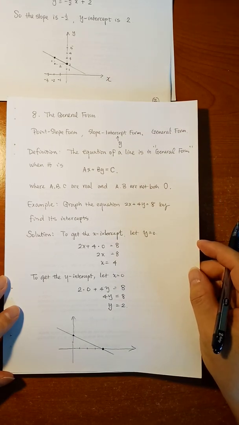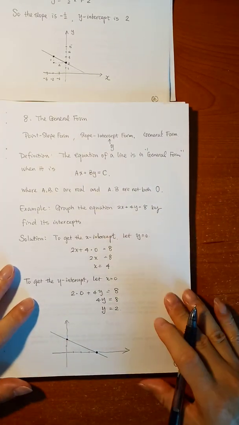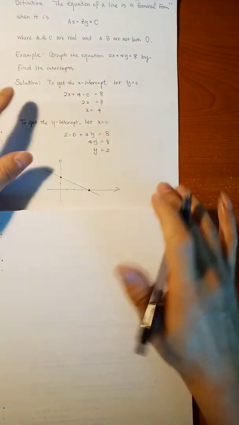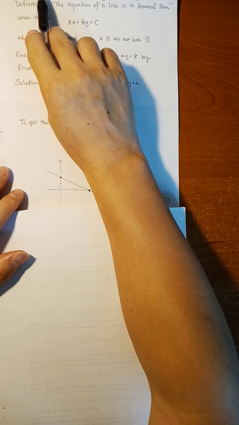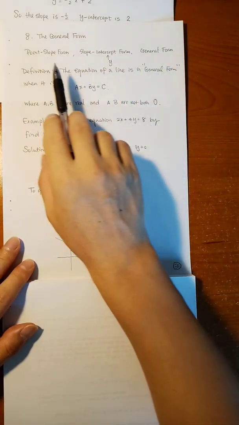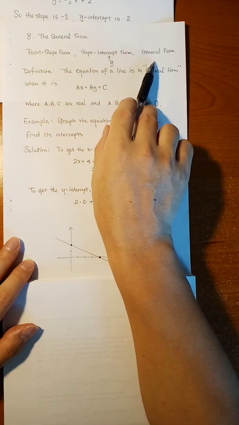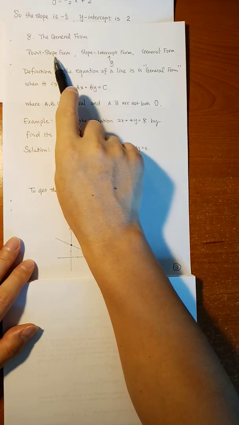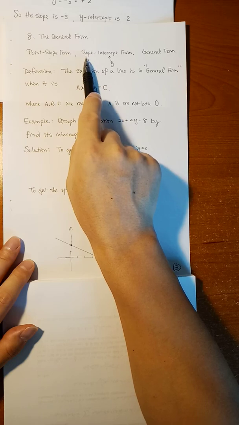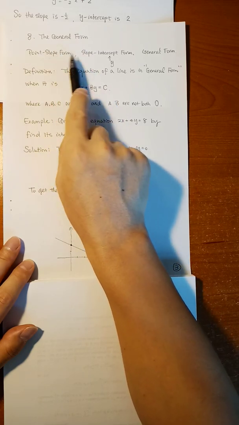Now let's talk about another advantage of general form. We already learned 3 forms: point slope form, slope intercept form, and the general form. But the first 2 forms both require slopes. We know vertical lines have no slope.